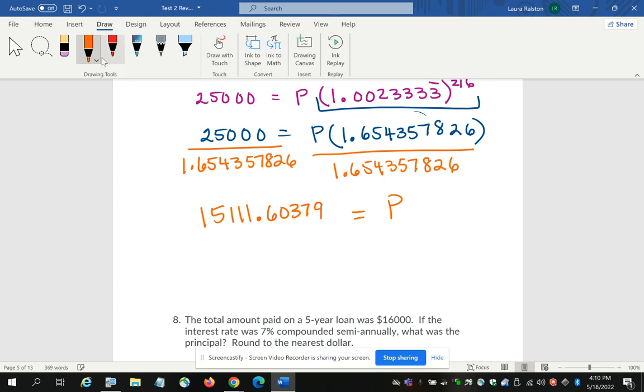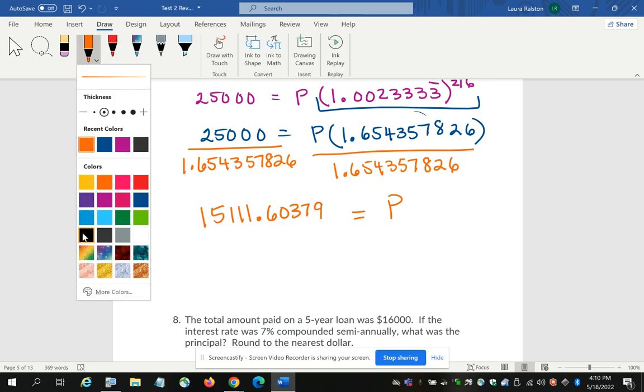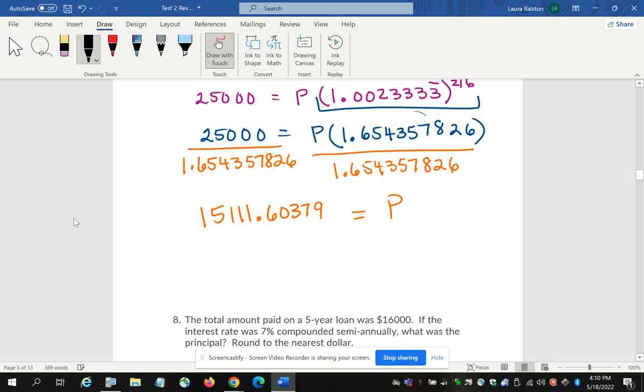Now be careful because the instructions ask you to round to the nearest dollar, which means you don't want to have a decimal place. So here's the nearest whole number. Next door is the 6. The 6 is going to bump it. So we end up with $15,112 would be the principal.